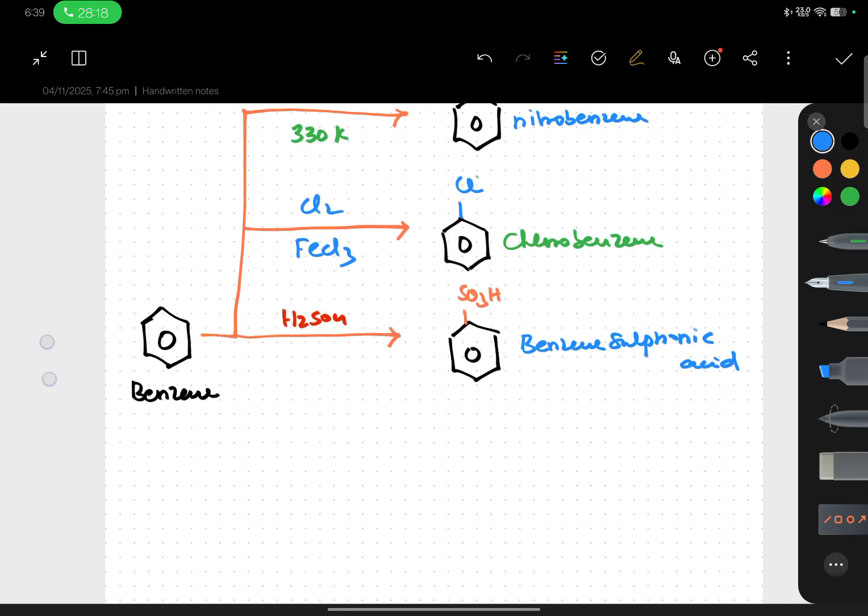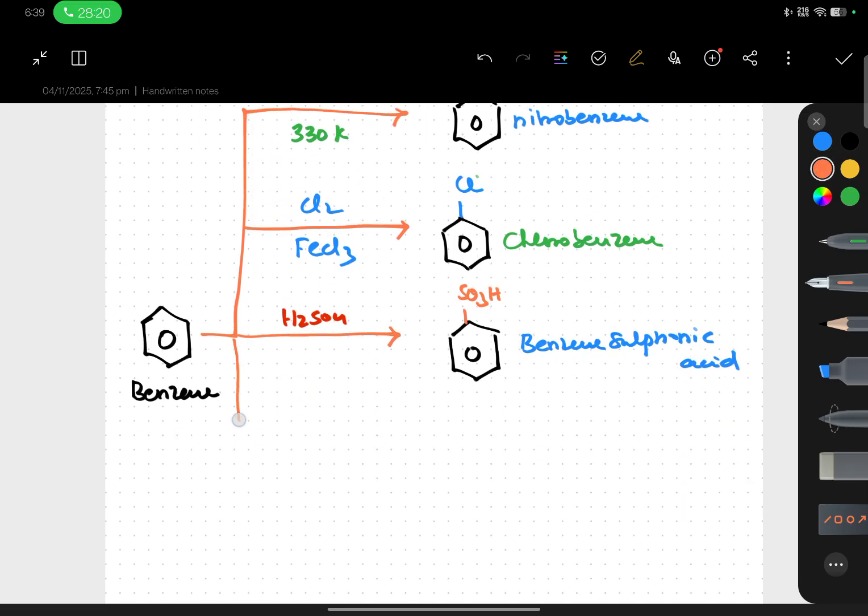So similarly, if you take anhydrous AlCl3 in presence of CH3Cl, we'll have benzene ring with a CH3 attached to it. We call this toluene.